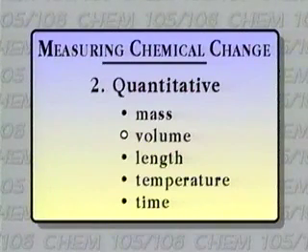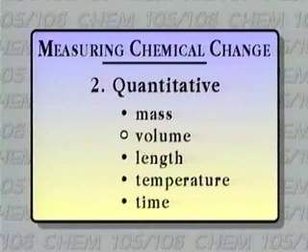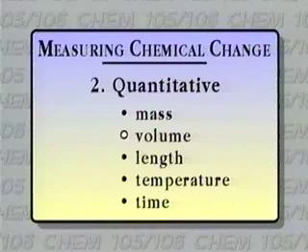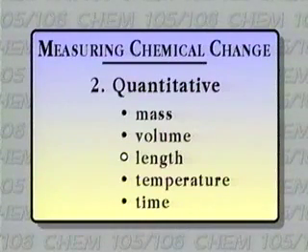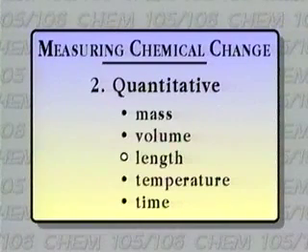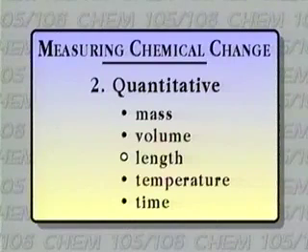So those are two properties that we should be able to measure, mass and volume. Length, when I say length here, I'm talking about all dimensions, so we mean length and width and height. So just whatever measured dimensions we could make in that type of measurement.